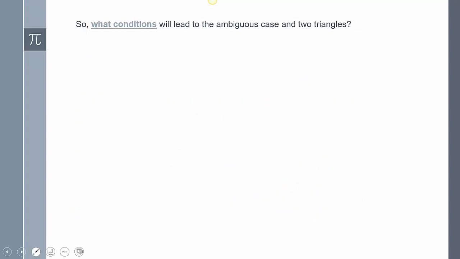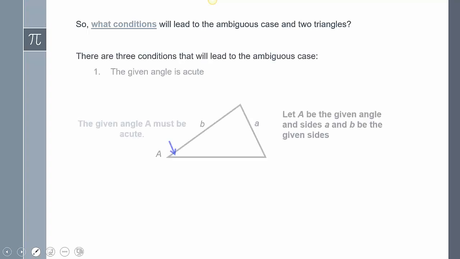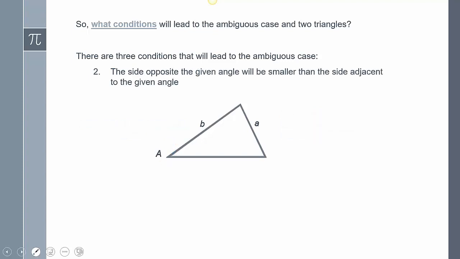So there are three conditions that we actually have to examine. The first condition is going to be, is this angle acute? The second is going to be, well, we're basically comparing the opposite side to the adjacent side, and we're asking ourselves, is this side smaller than the adjacent side? So we're taking them and comparing them to see, is A smaller than B?